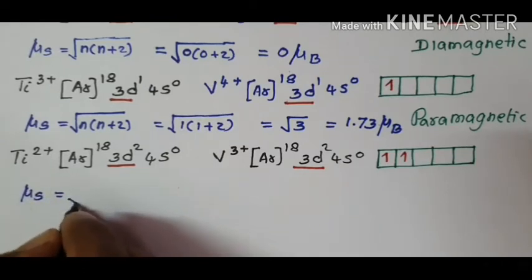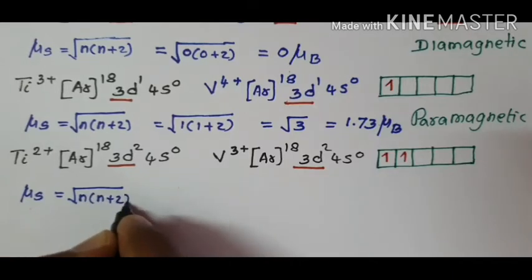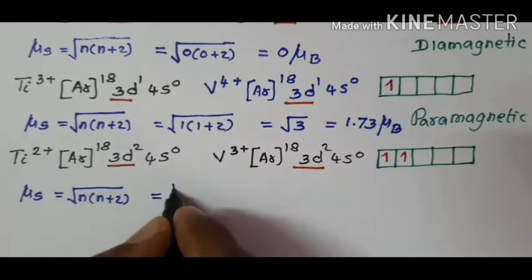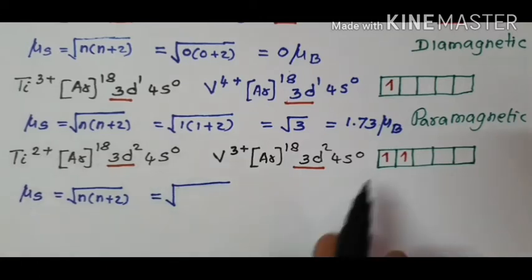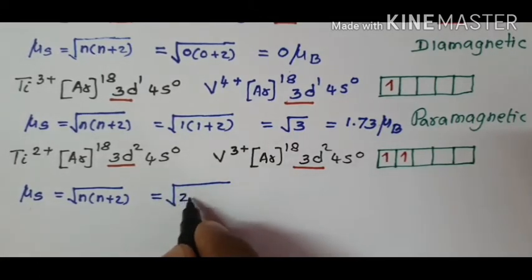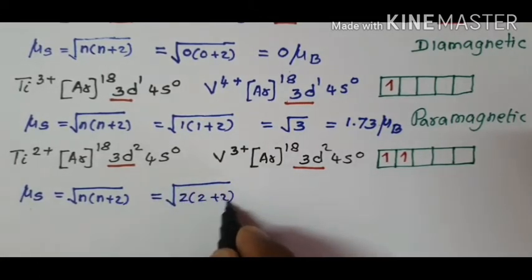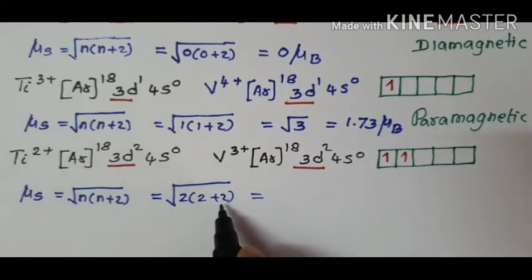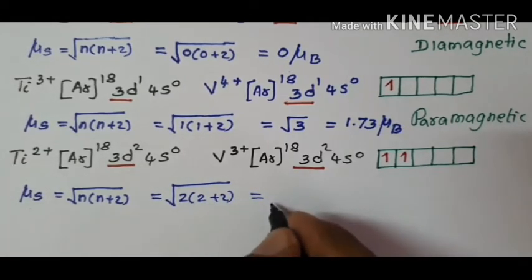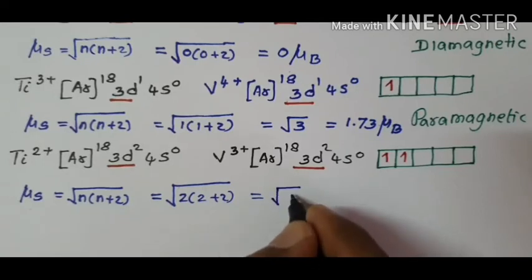Mu s equal to root of n into n plus 2, where n equal to number of unpaired electrons. 2 into 2 plus 2 equal to 2 into 4, 8. Root 8.